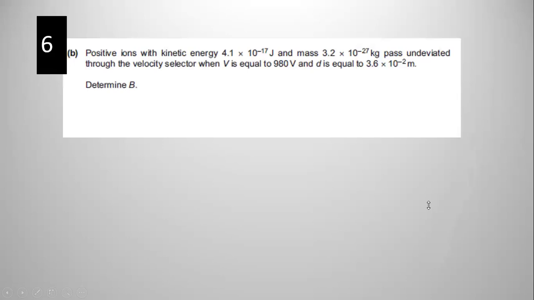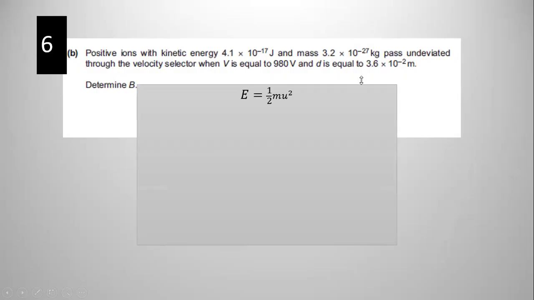positive ion of kinetic energy, that one there, mass, that passes undeviated through the velocity selector, where V is equal to 980 volt. D is given, determine B. Right, that's the kinetic energy.